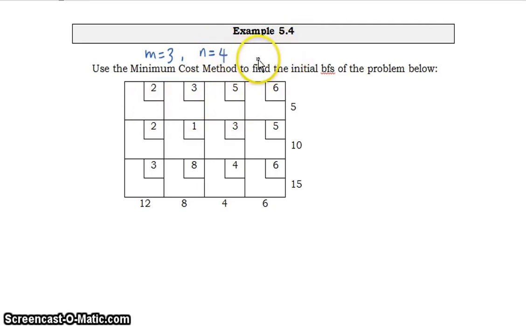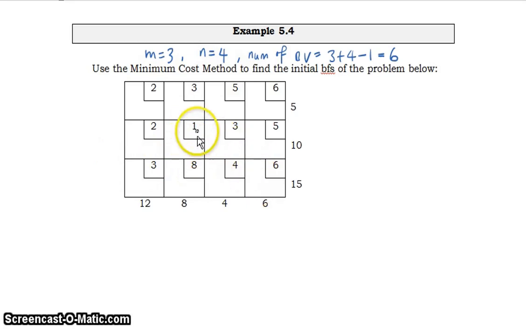Therefore, the number of basic variables is 3 plus 4 minus 1 equals 6. So we need to find the BFS of this problem by using the minimum cost method. We start with the cell with the smallest cost.